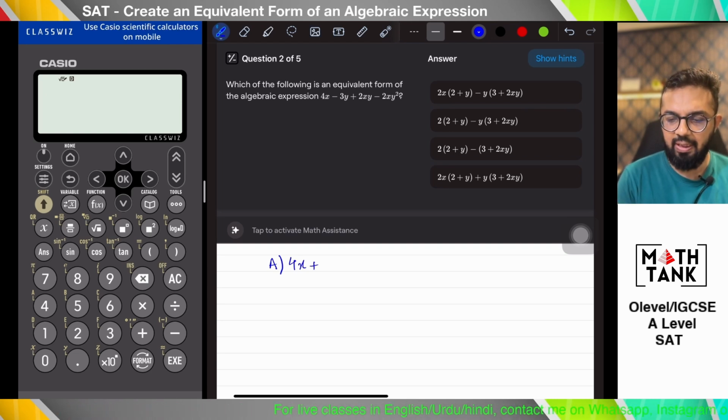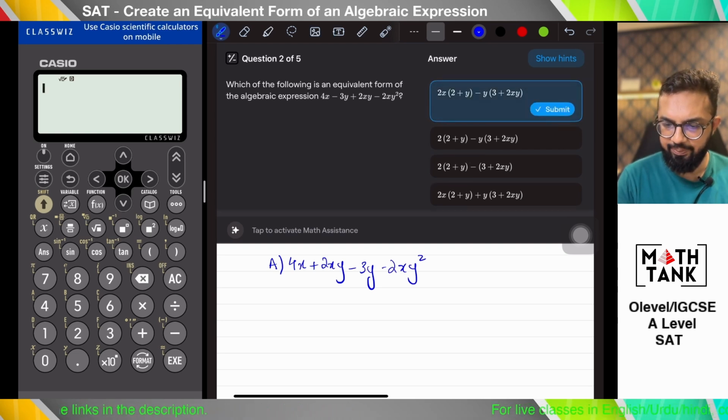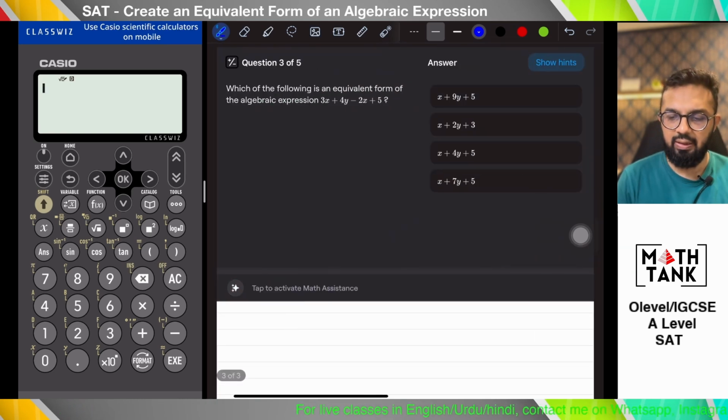So the first one expands to 4x plus 2xy minus 3y minus 2xy squared. A should be the right answer. I think that balances everything completely. Yes, that is indeed the right answer.